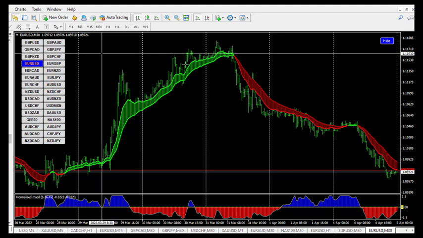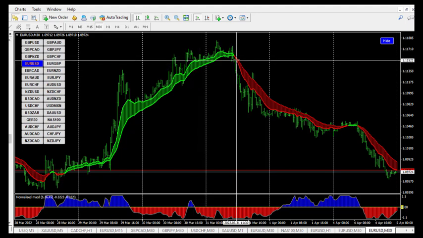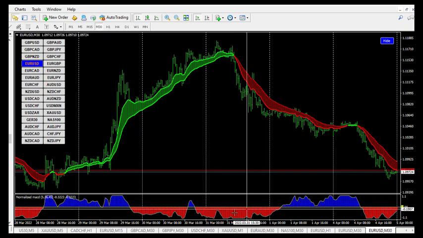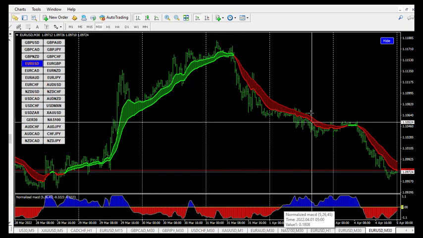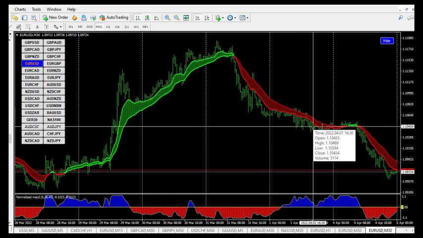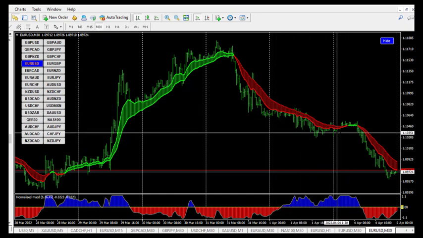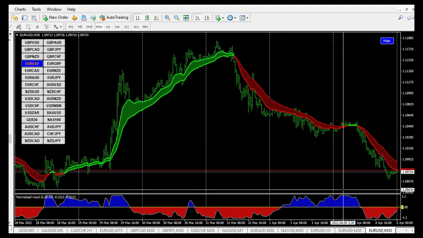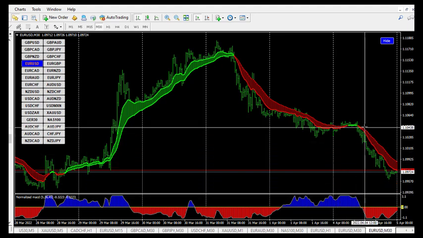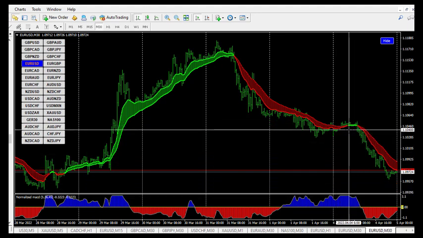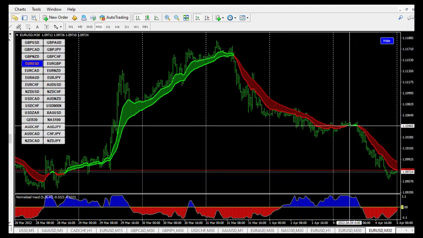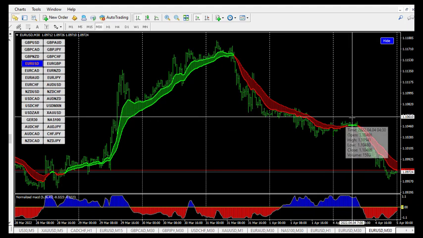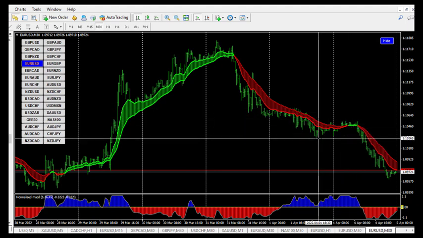This changed to red, and this is red already. And this normalized MACD turned to blue at this point, and here is red. There's no need for us to place any trade, because both must be in agreement. And at this point also, we have this turning to blue, and this is blue. So if you place your trade here for a buy, you are going to lose just a few pips.